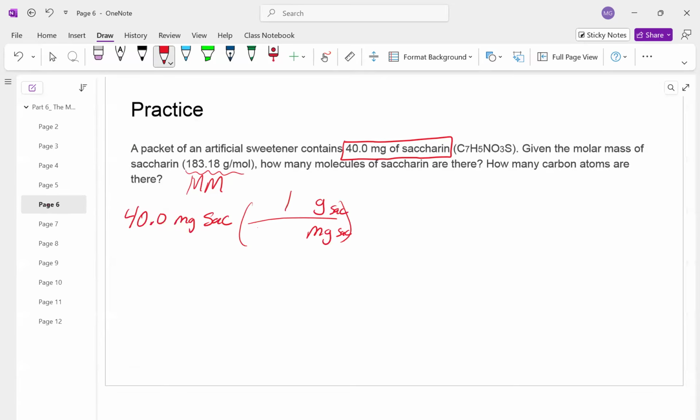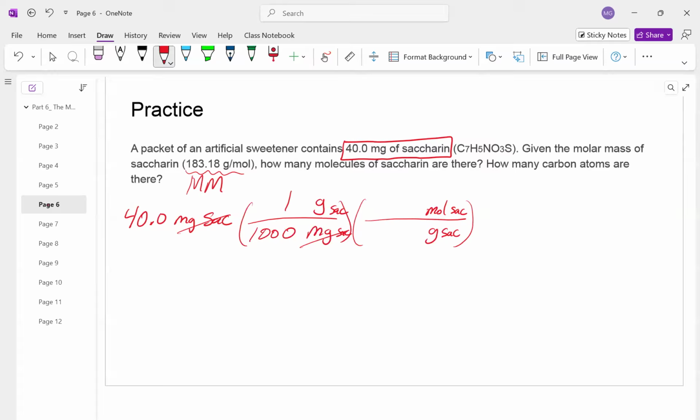And I know that 1 gram contains 1,000 milligrams. Okay, that's great. Now I can get to grams. Now I have to get to moles. So grams will cancel out. Moles will be on top.